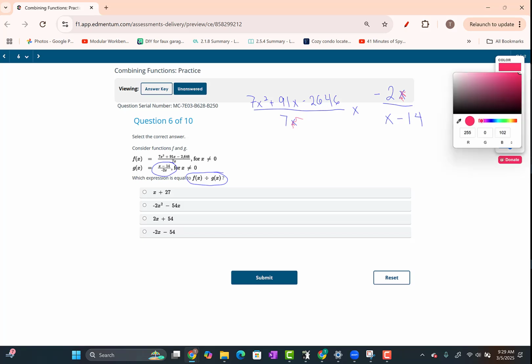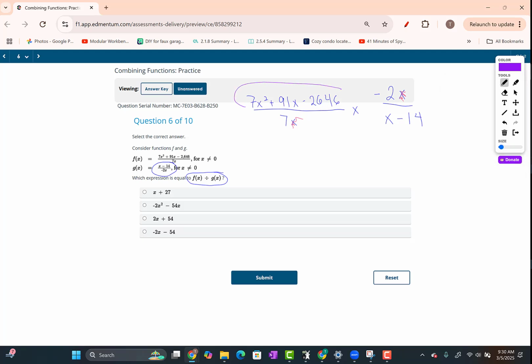So what this tells me, this big, ugly numerator in the top left-hand corner, has to be able to be factored. There has to be a way to rewrite that problem into 2 linear factors.